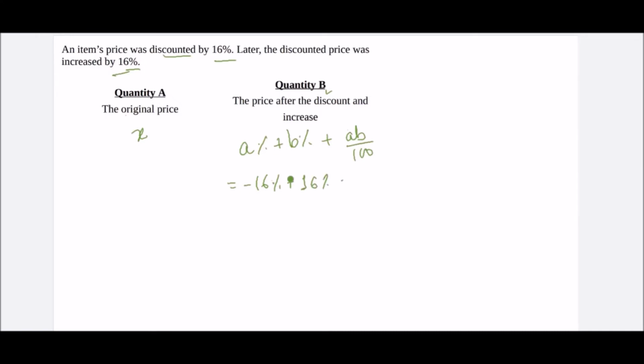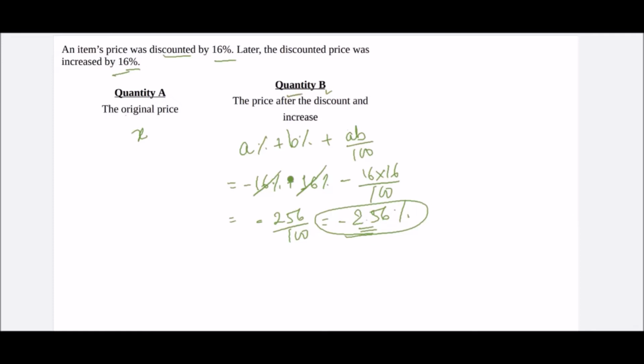So here plus and minus become minus. 16 into 16 divided by 100. So that will become minus 256 divided by 100, that is minus 2.56%. So the original price is decreased by 2.56%.